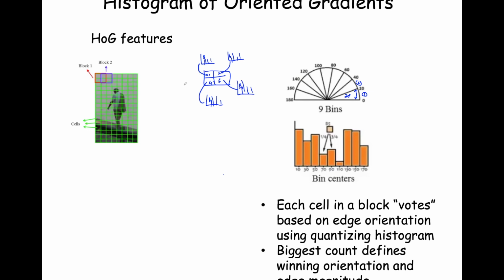Okay, so given this voting mechanism, we get two things. We get a semblance of robustness within a region of image, and we also get consistency because this block, as we move it, we can overlap it and keep consistency from one position to the next. Moreover, as we move it, by putting together all of these resulting votes from these 4 cell histograms, we get this notion of local features, because essentially we're doing a vote for this position, a vote for the next position, a vote for the next position, a vote for the next position.